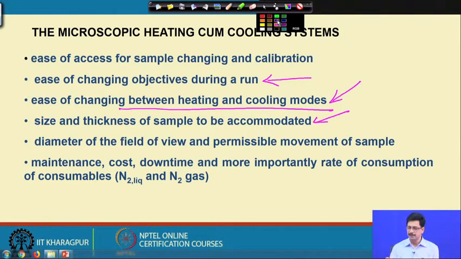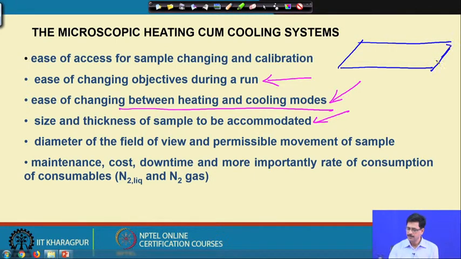When we take a sample and prepare a section, this sample could be something like 35 mm by 25 mm, that means 3.5 centimeter by 2.5 centimeter, on which we have mounted a section of our sample for the fluid inclusion study.